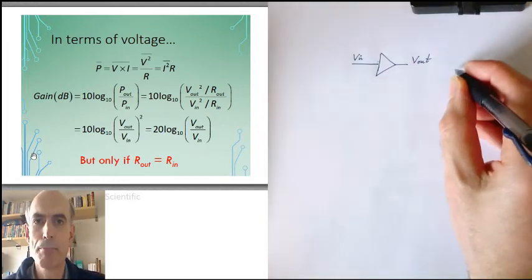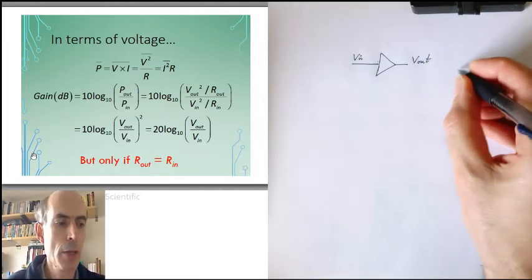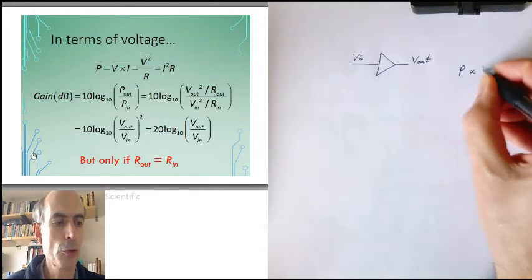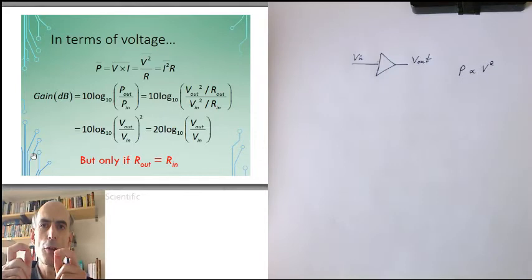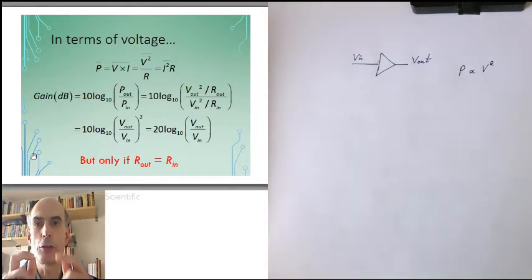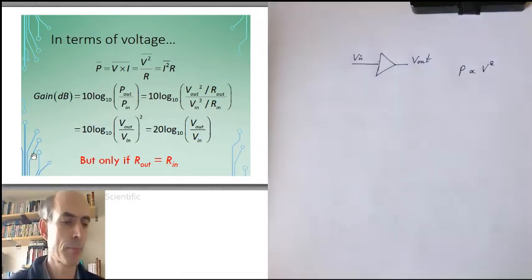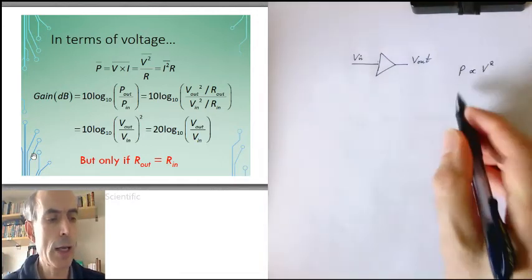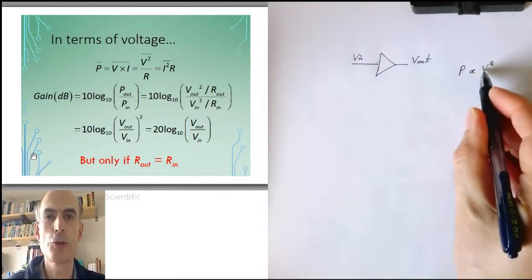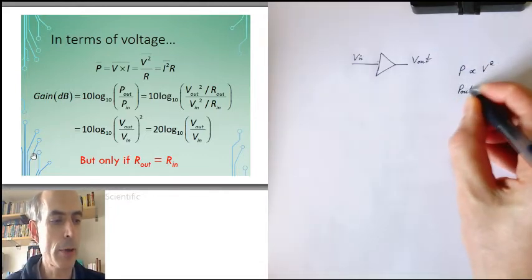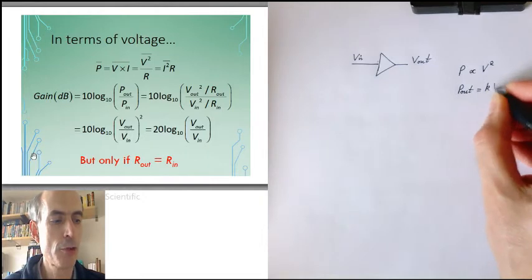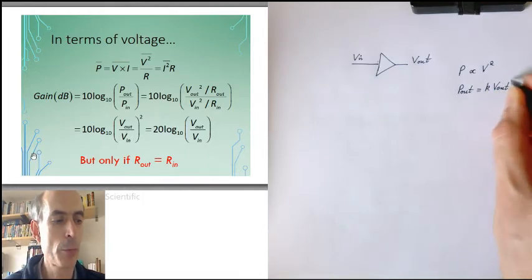Most of the time, when we look at circuits, the power is proportional to the square of the voltage. For example, the power dissipated in a resistor is proportional to the square of the voltage across that resistor. So we could say that the output power must be some constant times the square of the output voltage.